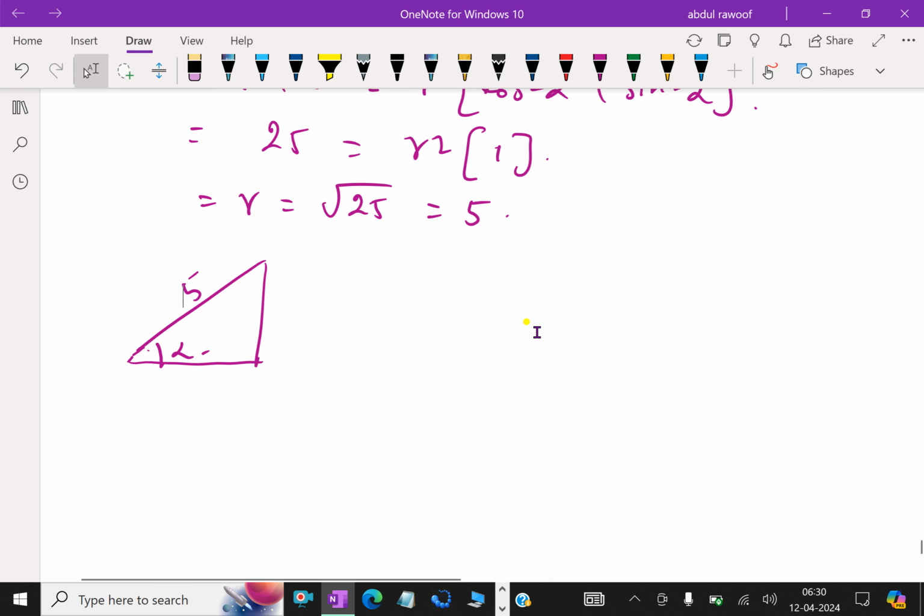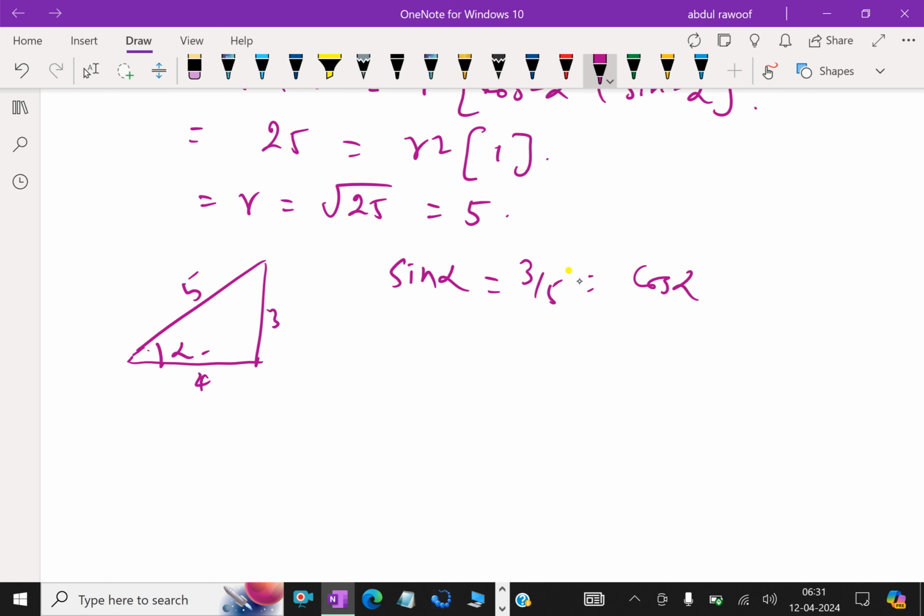Sine is opposite by hypotenuse and cos is adjacent by hypotenuse, 4 over 5. Now from this, sin alpha equals 3 over 5 and cos alpha equals 4 over 5.